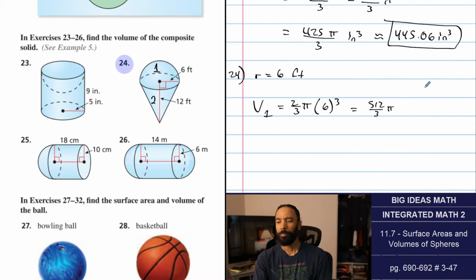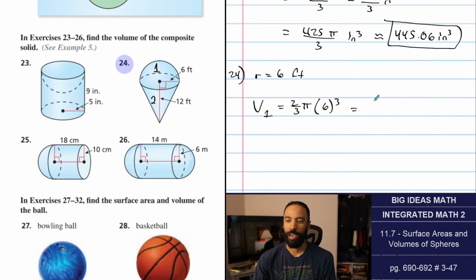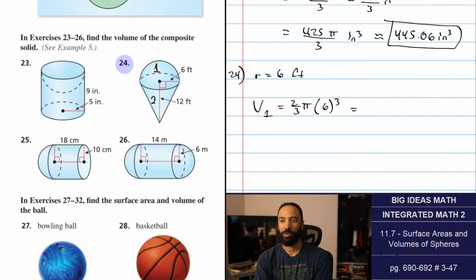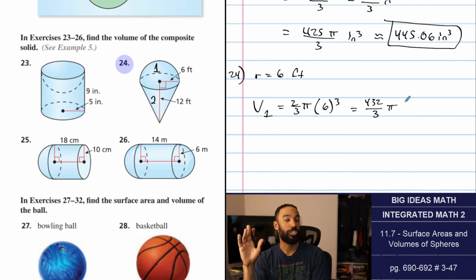Did I get the right number? It's not 512. What's 216 doubled? 432. I was thinking of 256 doubled, not 216 doubled. 432. I was saying 512 shouldn't be divisible by 3.